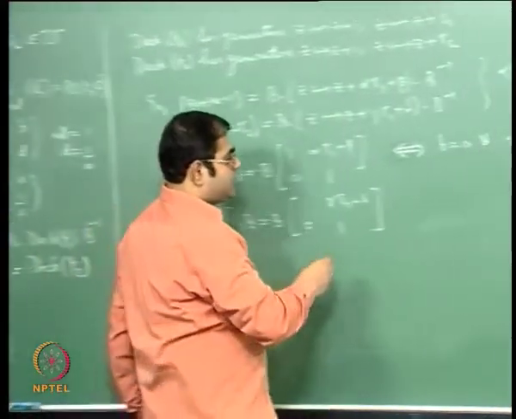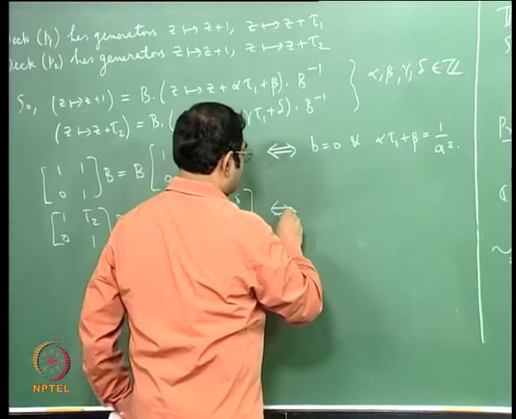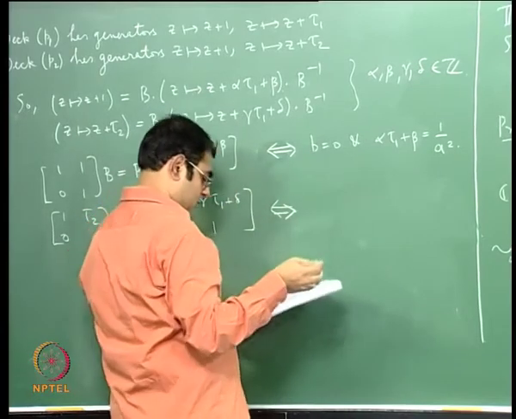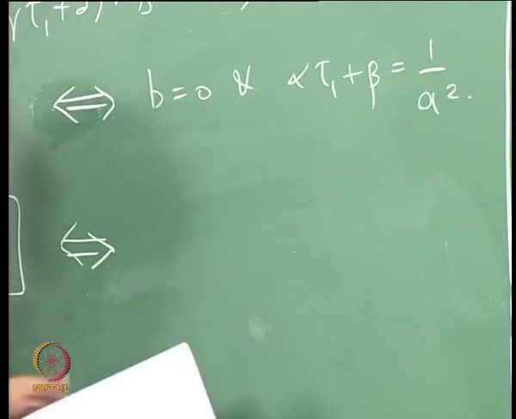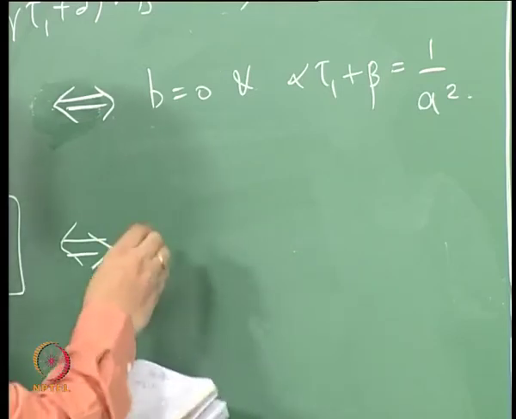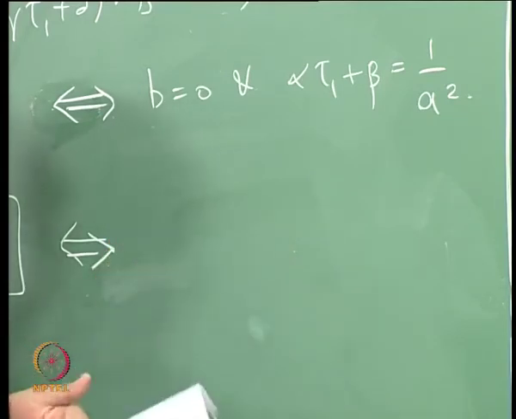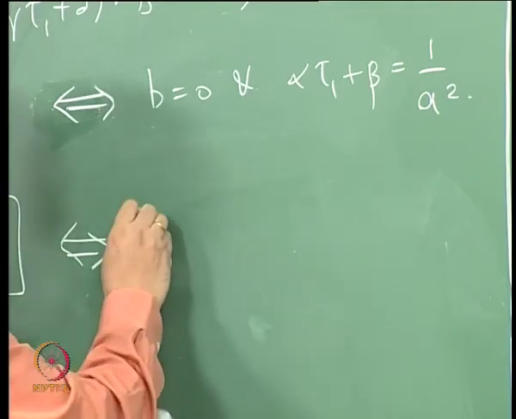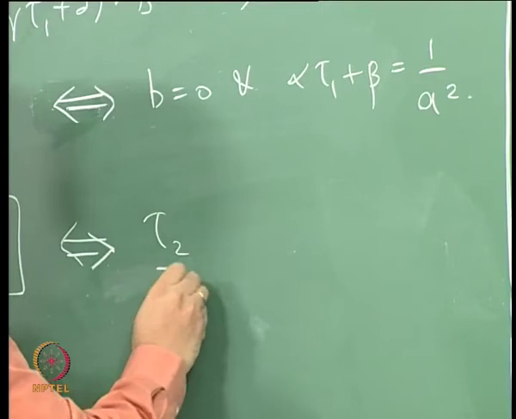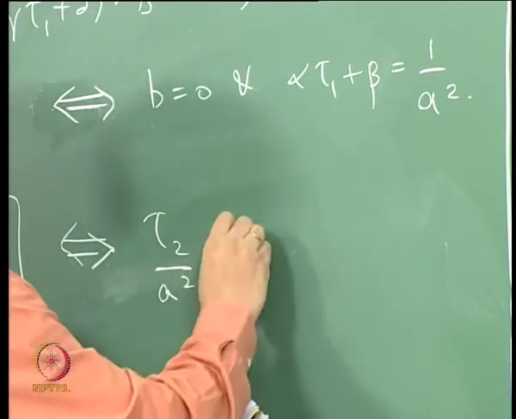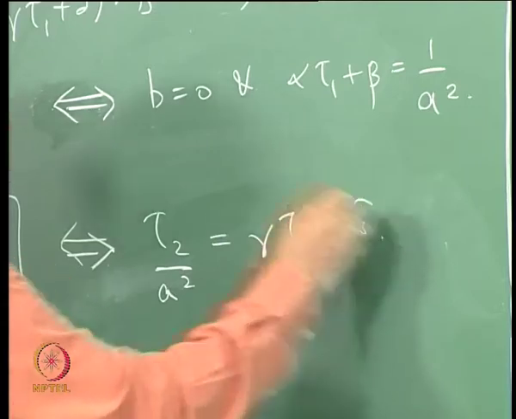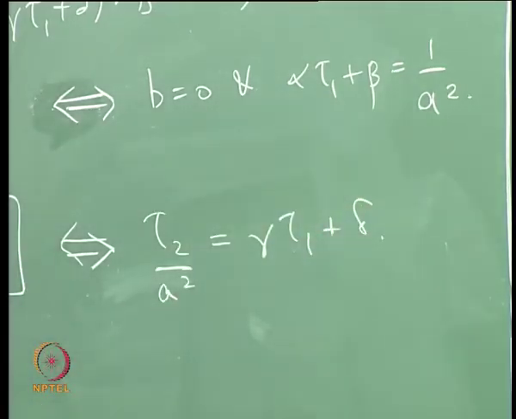And here you will get these two are equal. This is equivalent to, again of course b is 0, and you will get tau 2 by a squared is equal to gamma tau 1 plus delta, okay. This is what you get.